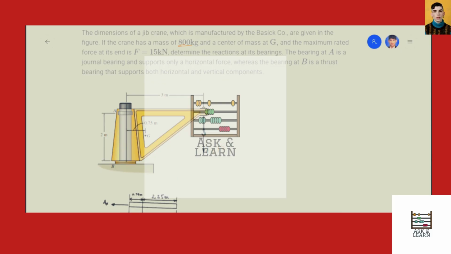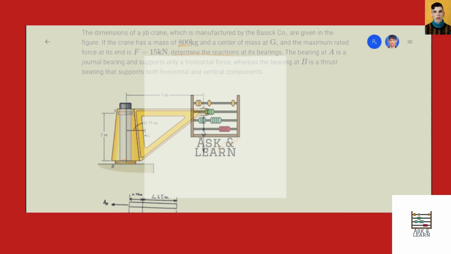We are required to find the reactions at both bearings. One bearing is here and the second bearing is here, so we need to find these two reaction forces.